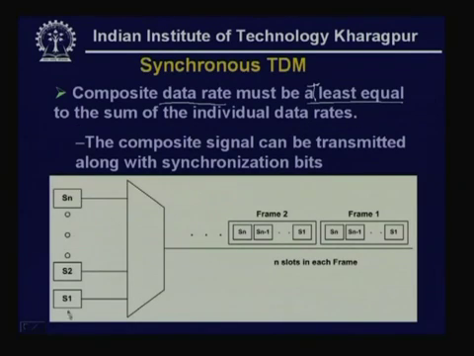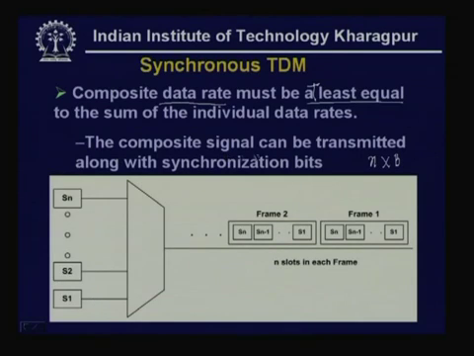So, if you sum up the individual data rates, say you have got n channels, each with data rate b, then the scanning has to be n times b. That means the rate will be at least n times the individual data rate when you have got n stations or channels.